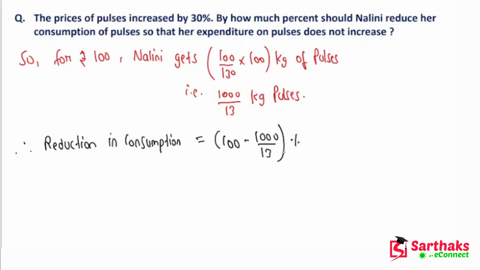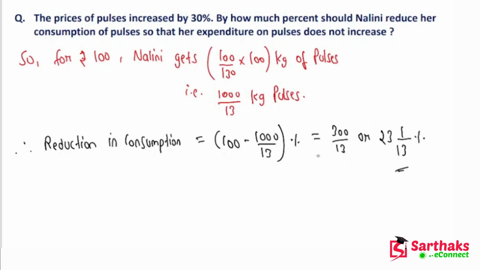So why are you adding the percentage? Since you are calculating everything out of 100, you are actually calculating everything on a percentage basis only. So after taking the LCM and solving it, you must be getting 300 upon 13, or if you convert it into a mixed fraction, it would be 23 1 by 13%. So almost 25%, but she has to reduce her consumption by 23 1 by 13%.